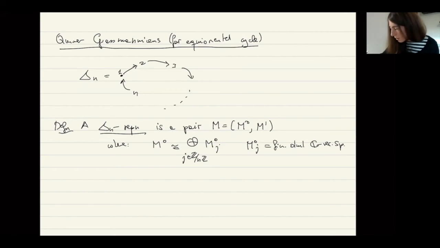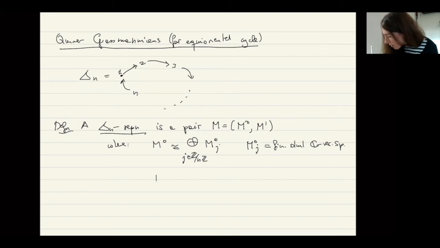If you have already seen quiver representations, usually you give one vector space for every vertex, and the edges give you maps among them. But since we are in this Delta n setting, we can just express it this way.